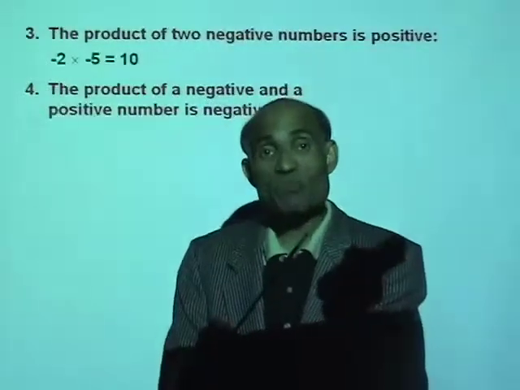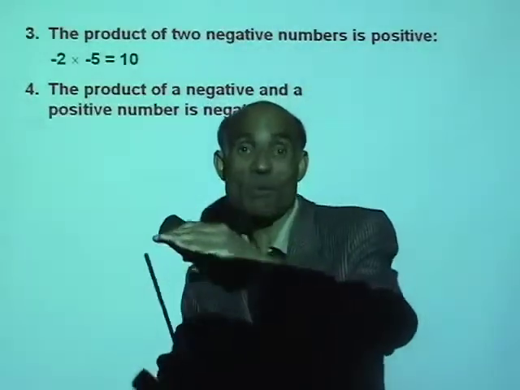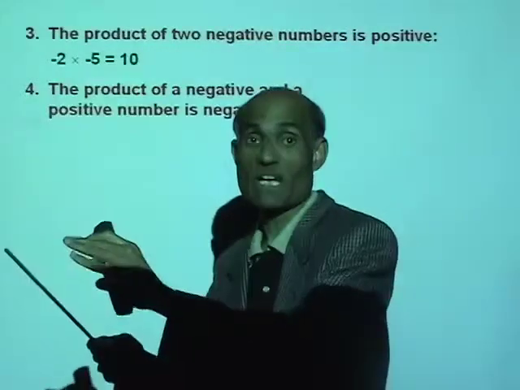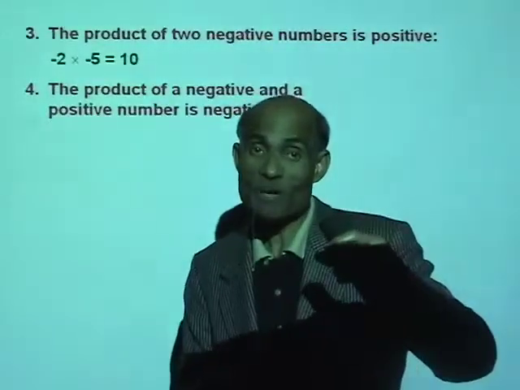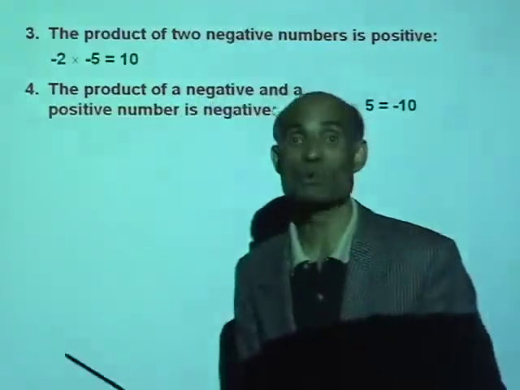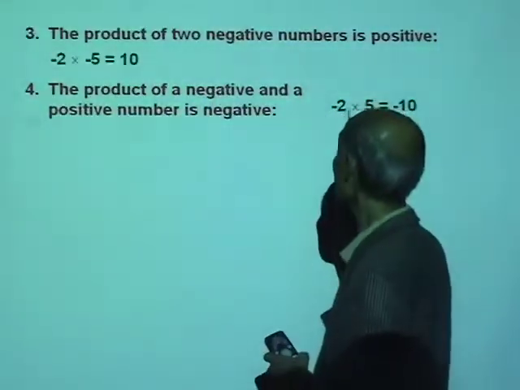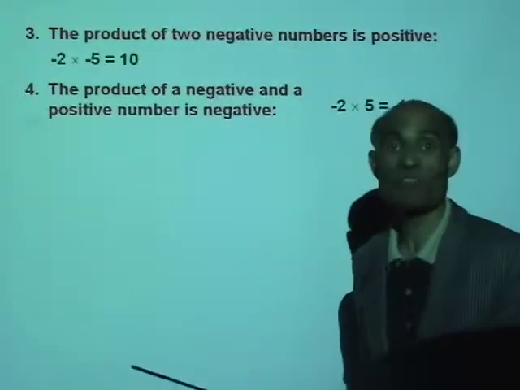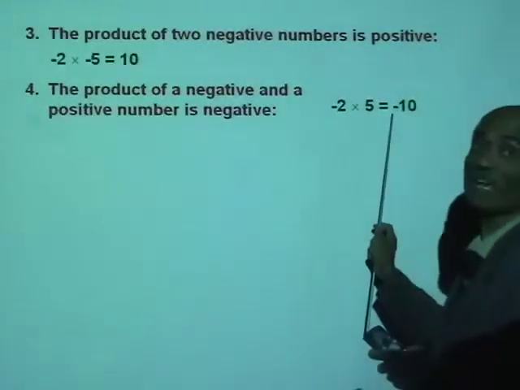A negative number multiplied by a positive number is negative. A positive number multiplied by a negative number is also negative. Negative 2 multiplied by 5 is negative 10.